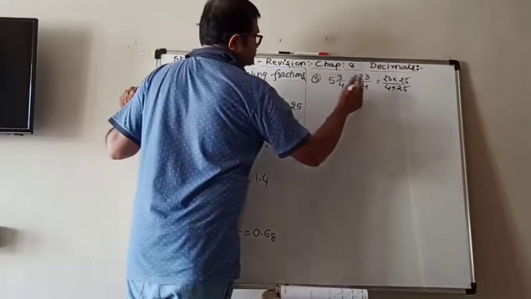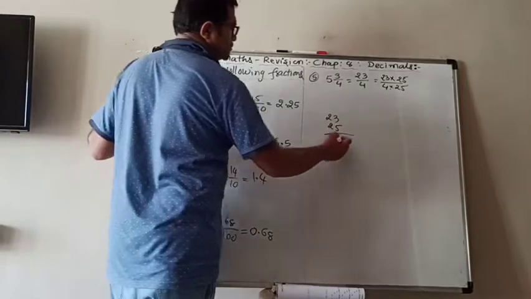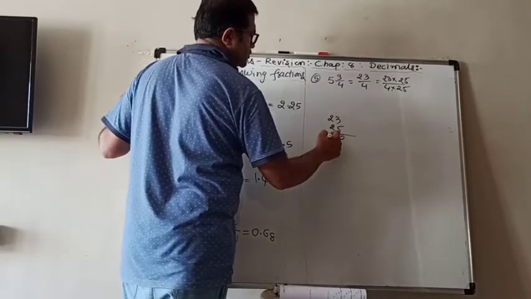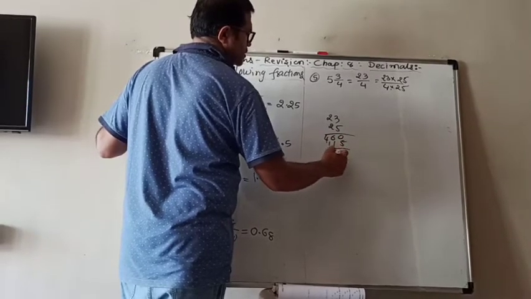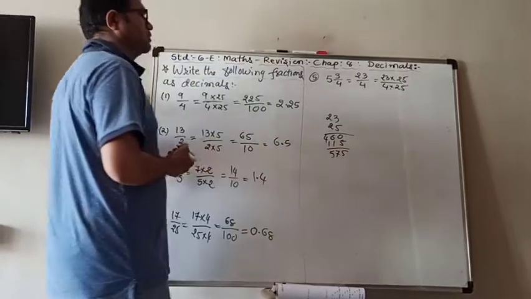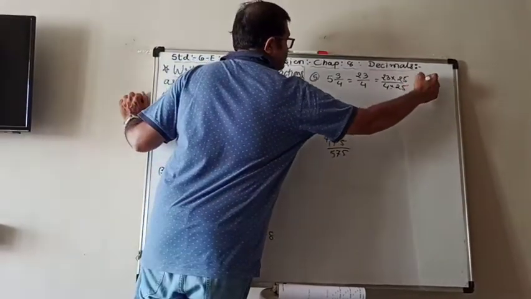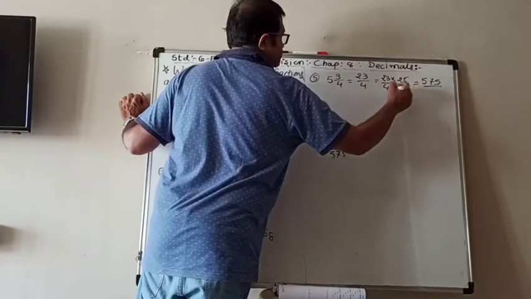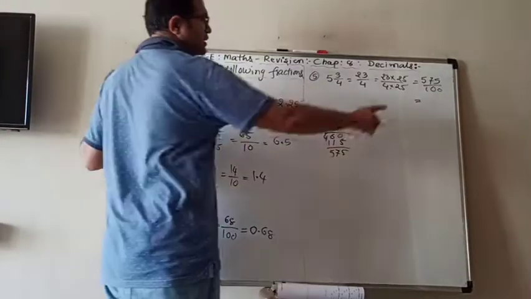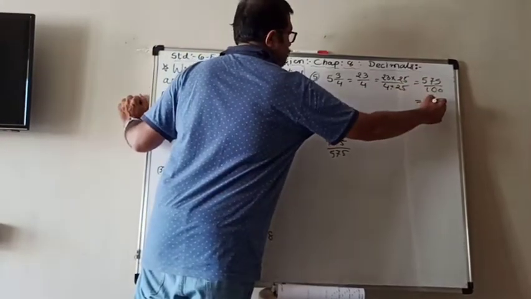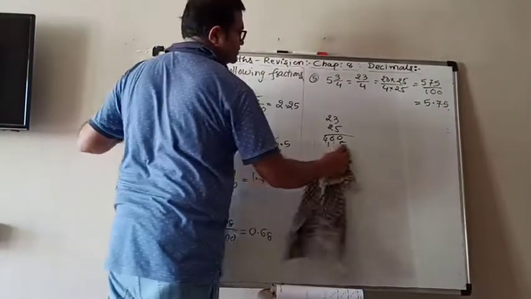So multiplication: 575 upon 25 4s are 100, and therefore 2 decimal places are needed. So 5.75 is the answer.